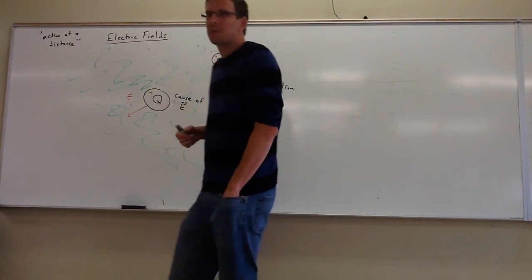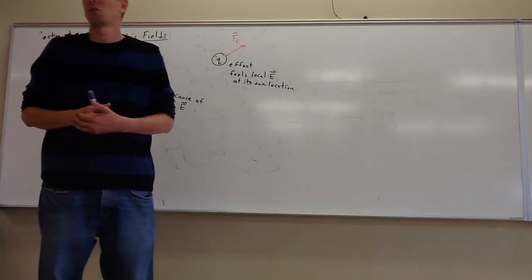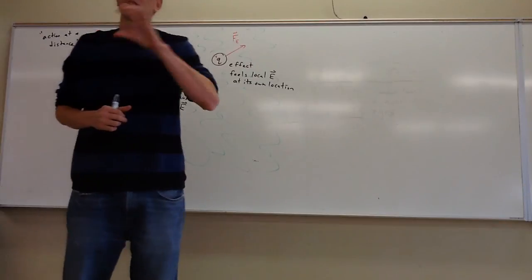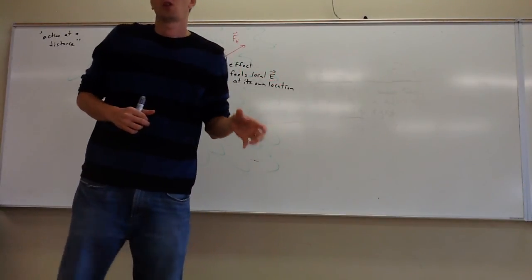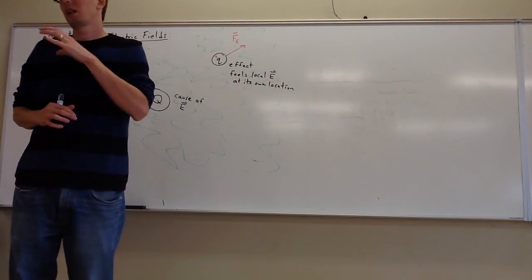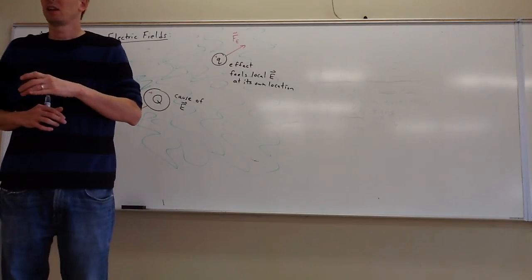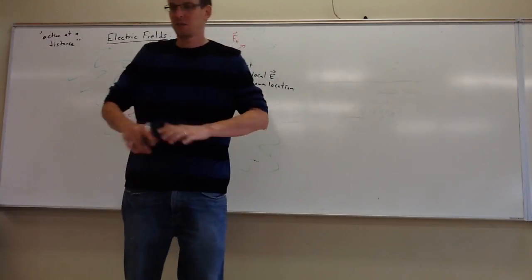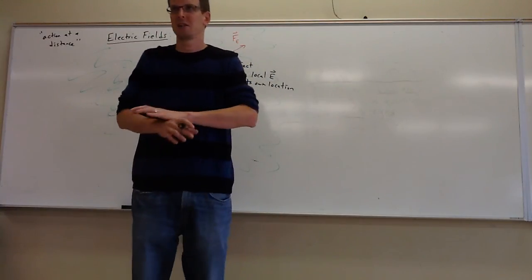So, let me try to give you an analogy for what we're doing here. We're switching from the force picture to the field picture. The force picture is a picture of direct interaction. So for instance, let's imagine that this entire room, instead of being a hard floor, was a mattress.